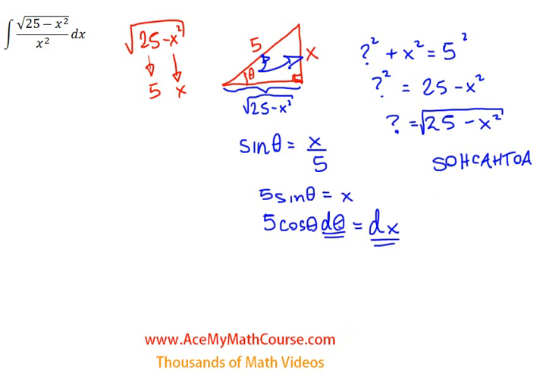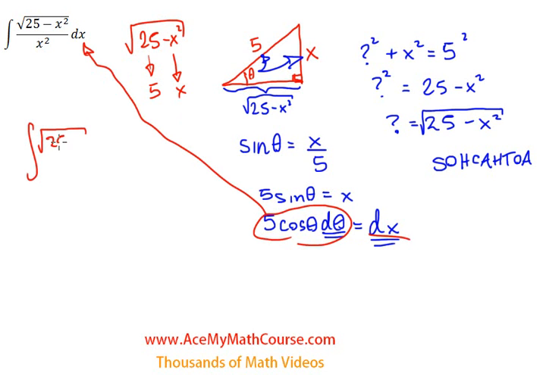So right away, I can plug this in for dx. I get the integral of the square root of 25 minus x squared times 5 cos theta d theta, all over x squared.